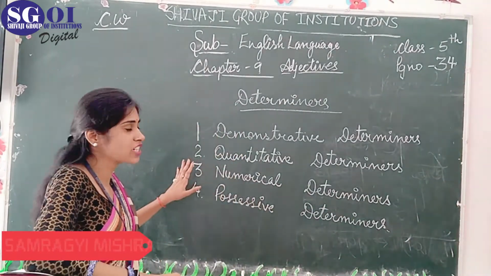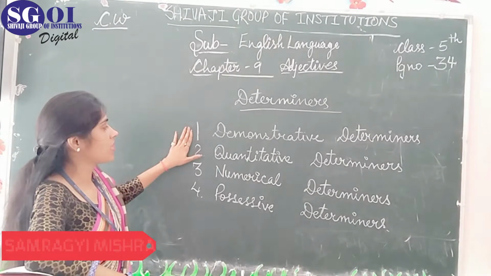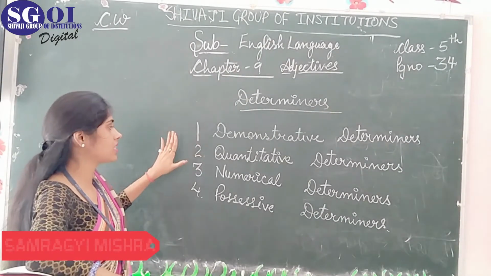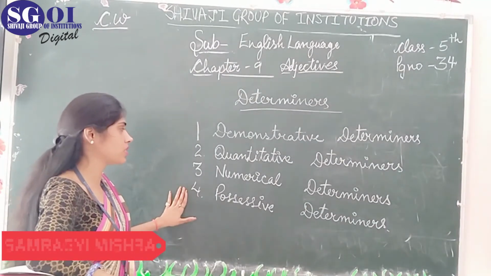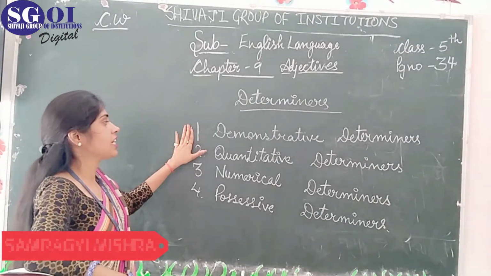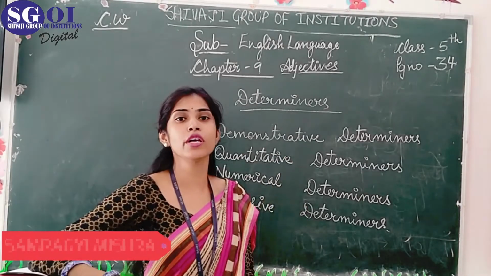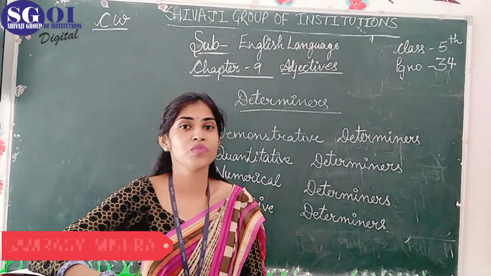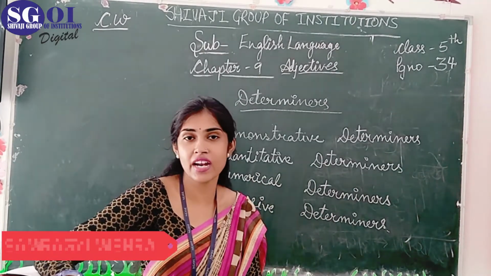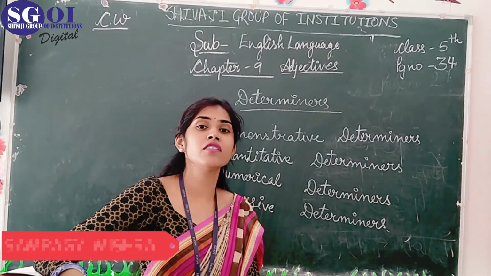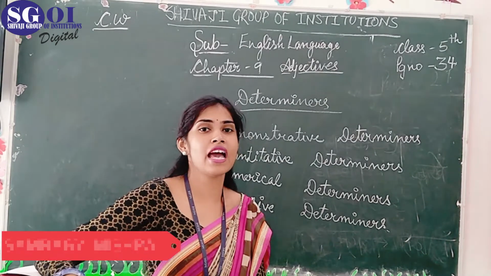There are four kinds of determiners. First is demonstrative determiner, second quantitative, third numerical, and fourth possessive. Demonstrative determiners indicate something: these are books, those are your friends, these kites are looking nice.